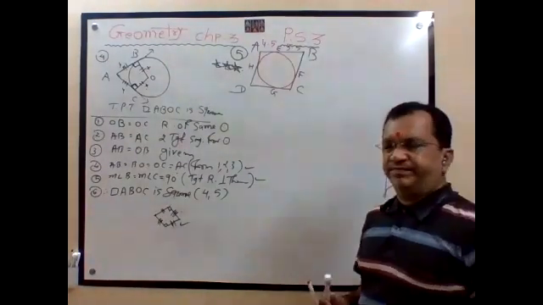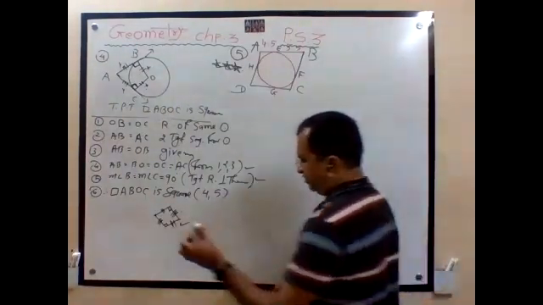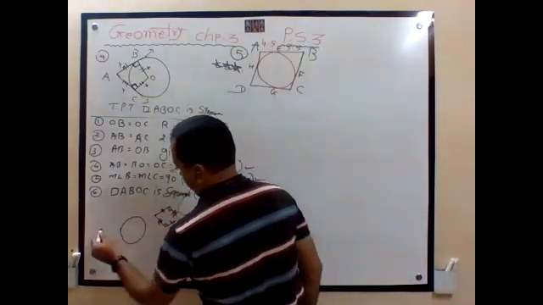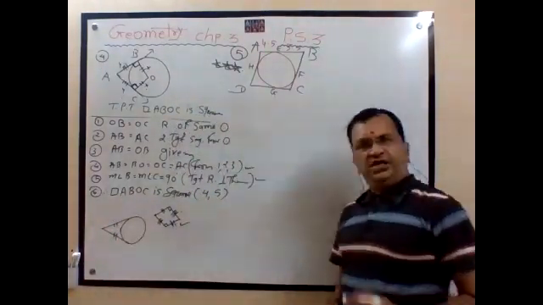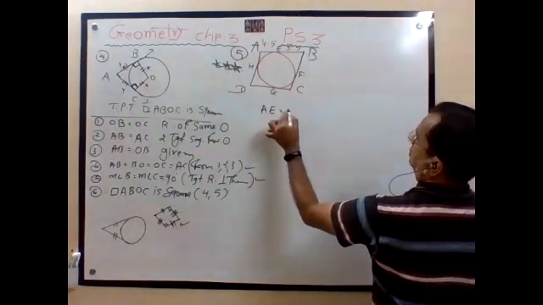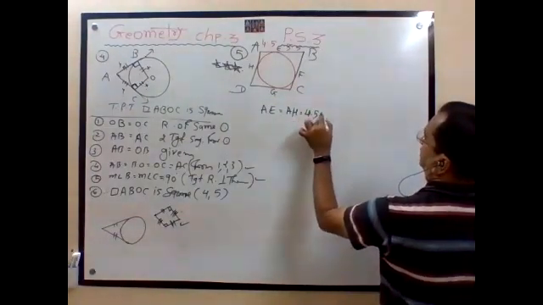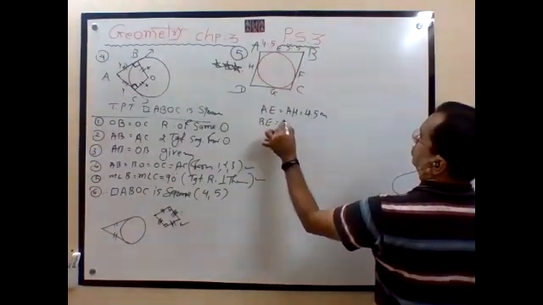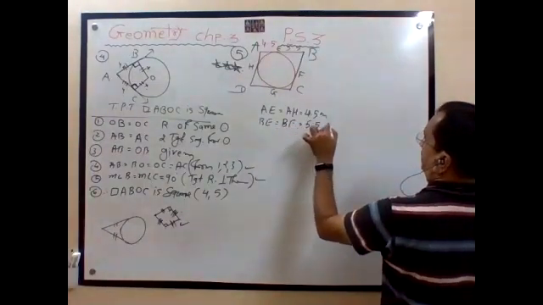This is a parallelogram. But first we will use this property: for the circle, from an outside point, two tangents are drawn that are equal. So we will start from point A. AE is equal to AH is equal to 4.5. Then B. BE is equal to BF, that is 5.5.